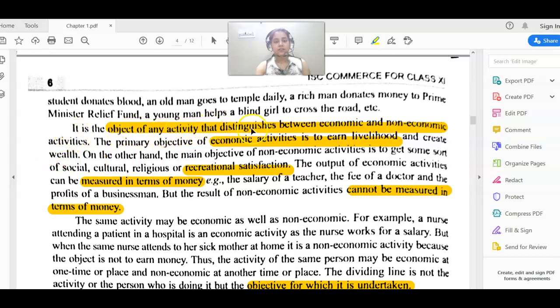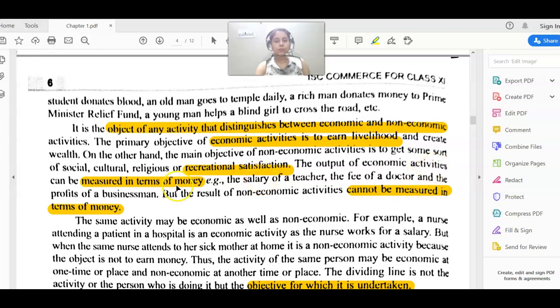The objective of any activity is what distinguishes between economic and non-economic. On the other hand, the main objective of non-economic activity is to get some sort of social, cultural, religious, or recreational satisfaction. So the objective of economic activity is to earn money, but the objective of non-economic activity is to get some satisfaction.